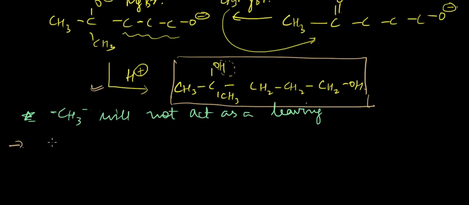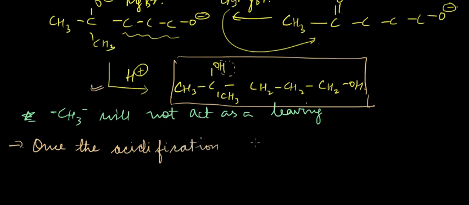So one important point to note here is, once the acidification takes place, Grignard is removed.